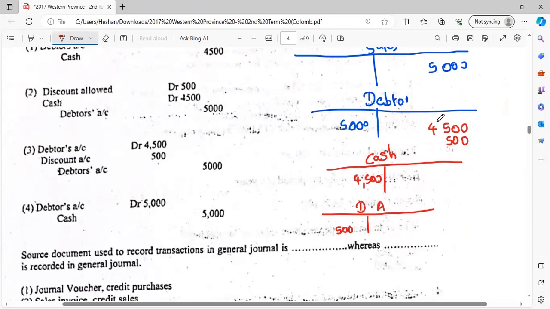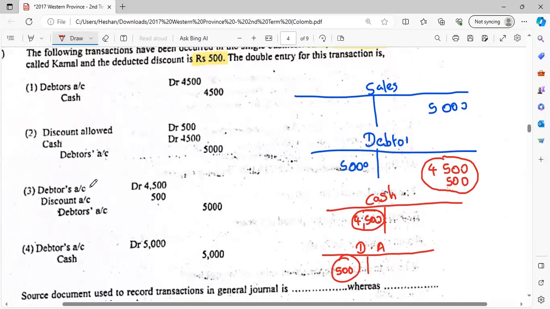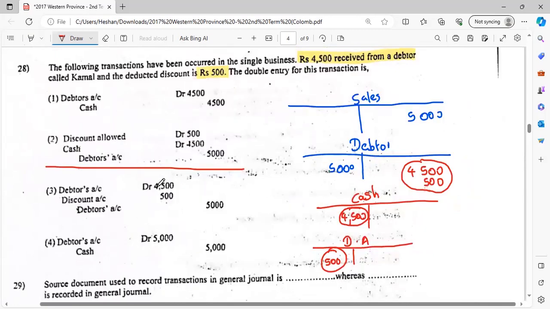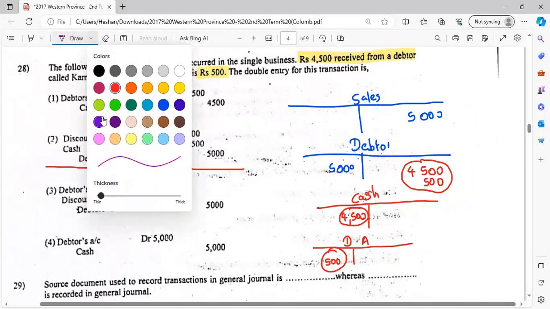We can write this as a single transaction: 5,000 credit to debtors account, 4,500 debit to cash book, 500 debit to discount allowed account. This is the answer, answer number 2. If you need, you can write the question number and the answer. So for question number 28, the answer is number 2.